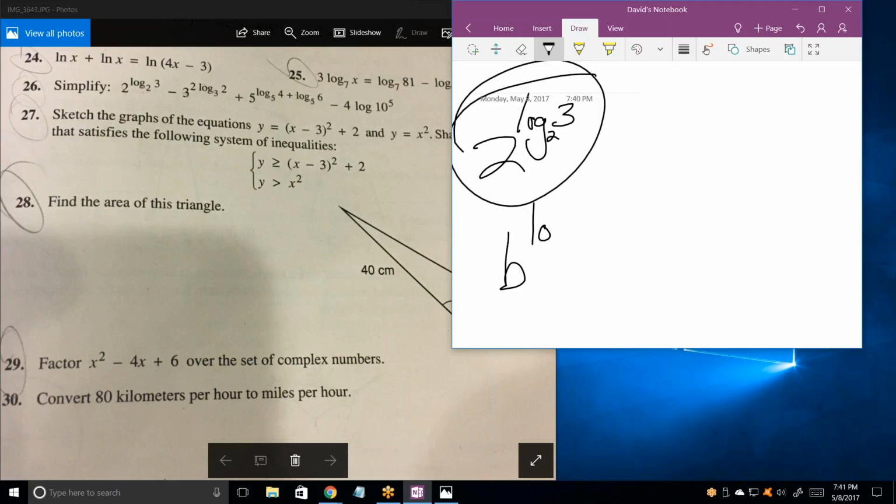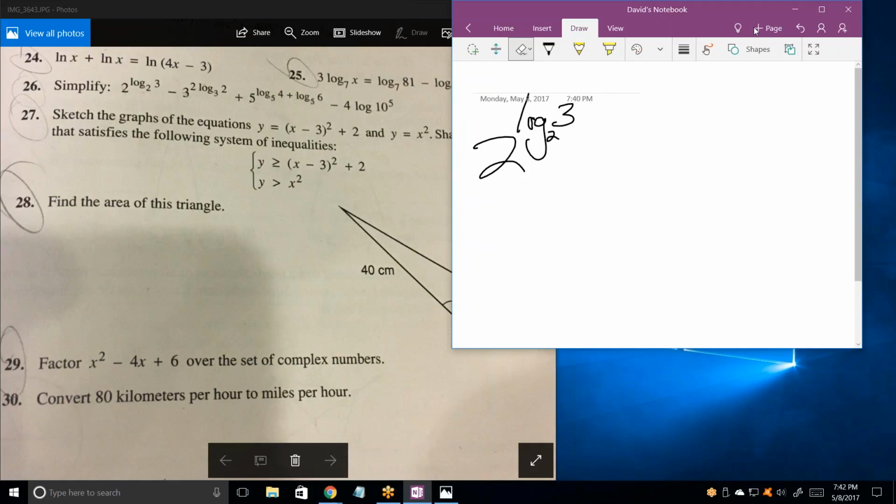If I have b to the log base b of x, that's always equal to x. In other words, these two cancel out. Okay? I know that that's going to equal 3, but let's keep going.